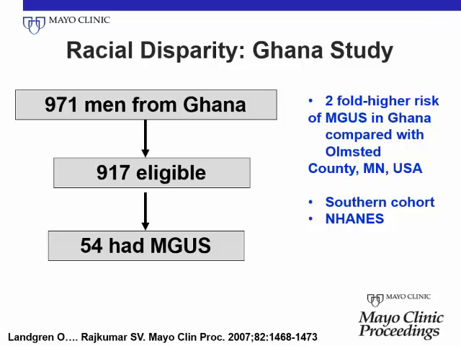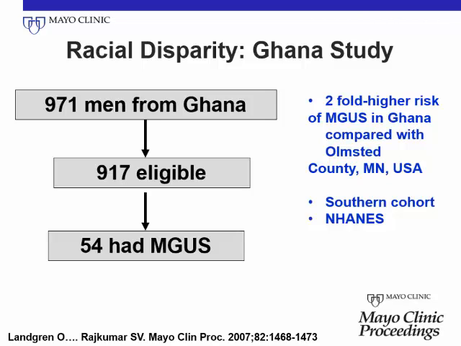The study was initially for prostate cancer, but Ola and myself managed to get 1,000 samples from Ghana, and we tested those, and we found that there is a higher risk when we compared the prevalence of Ghanaians to Olmsted County, Minnesota. There is a 2 to 3-fold higher risk of MGUS in Ghana compared with the white population of Olmsted County. So the increased risk of MGUS in African Americans is present even in blacks from Africa.